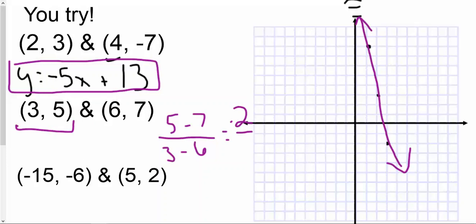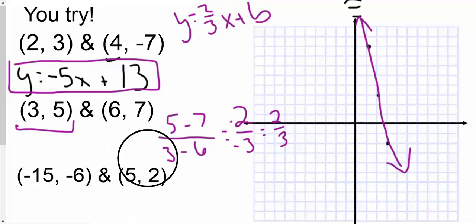On the bottom, I end up with a -3. So because I have -2 over -3, I need to rewrite that as +2 over +3, because our negatives will cancel out when we're dividing, just like how they will cancel out when we multiply, right? A negative times a negative is a positive, a negative dividing a negative is a positive. So y equals 2/3 x plus b.